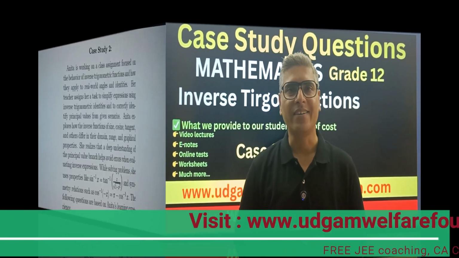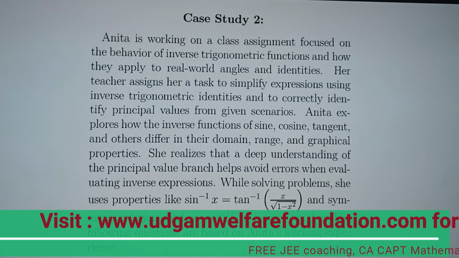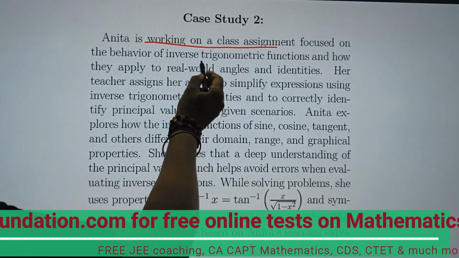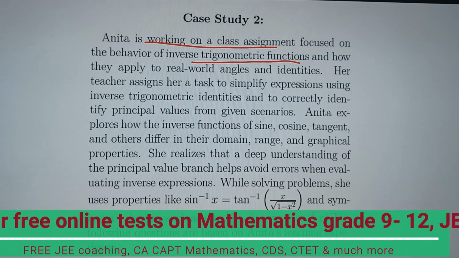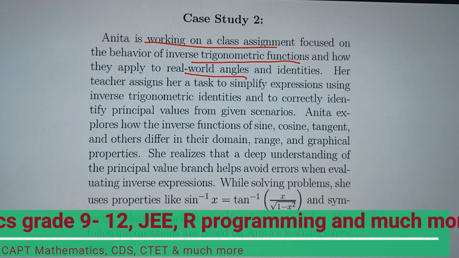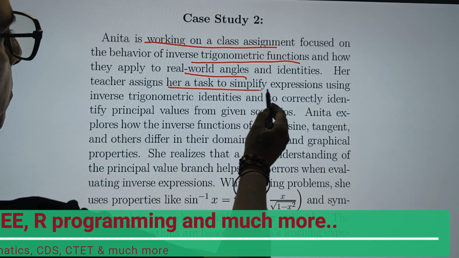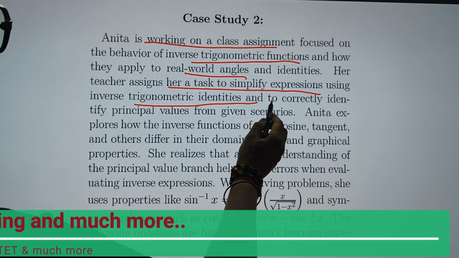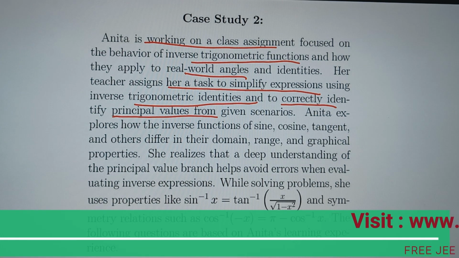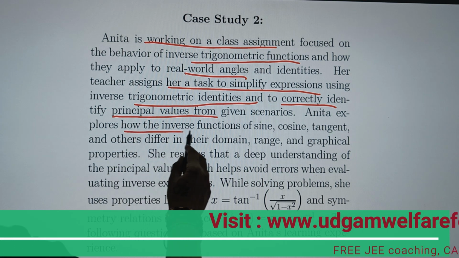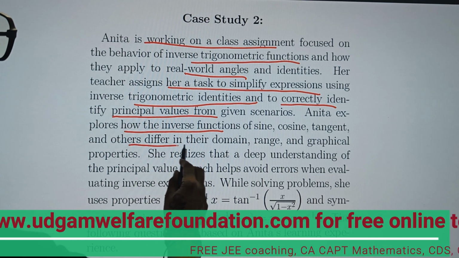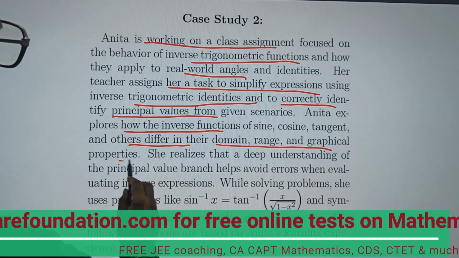So let's get started. Students, this is our second case study. Anita is working on a class assignment focused on the behavior of inverse trigo functions and how they apply to real world angles and identities. Her teacher assigns her the task to simplify expressions using inverse trigo identities and to correctly identify principal values from given scenarios. Anita explores how the inverse functions of sine, cosine, tangent and others differ in their domain, range and graphical properties.